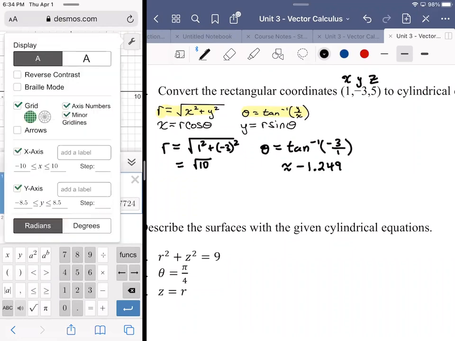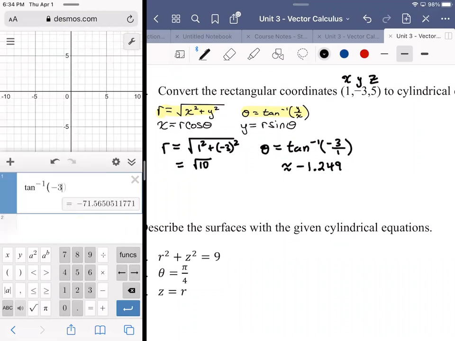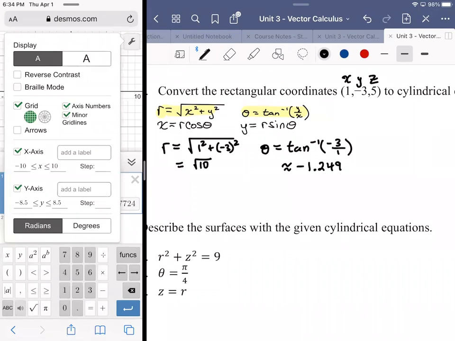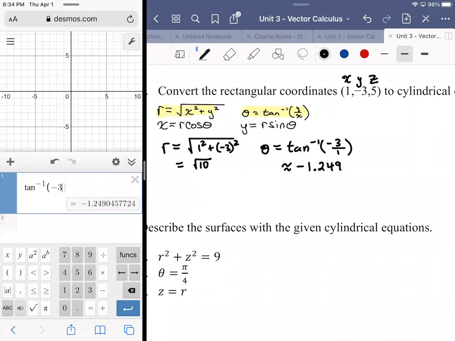You can double check by hitting on that wrench just to make sure you see it's radians. If you wanted degrees, tap on degrees. You see it's not much better. I'm putting it back to radians. So one way you could write it would be radical 10, comma, negative 1.249, comma 5. That's r comma theta, comma z.